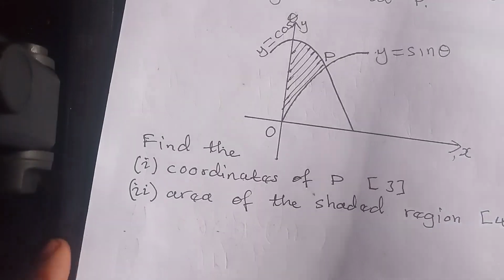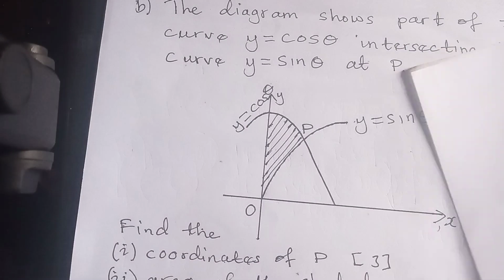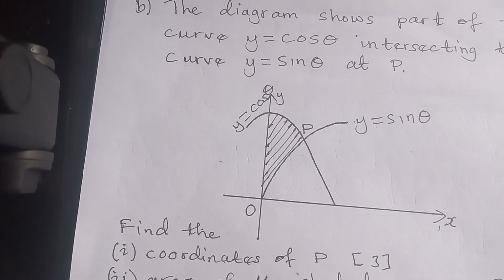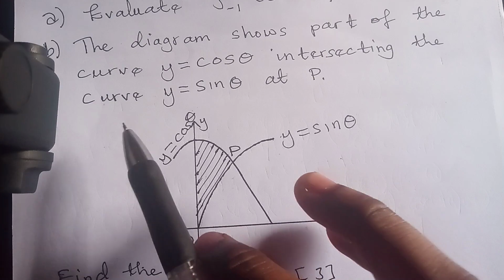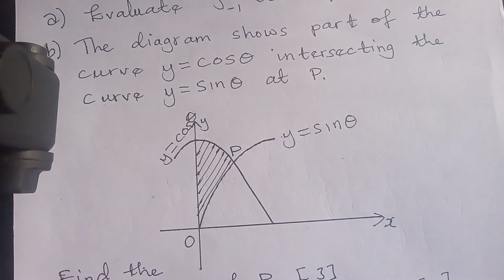So now let's move on to part B, which is my point of interest. On part B, we have the diagram shows part of the curve y is equal to cos x.